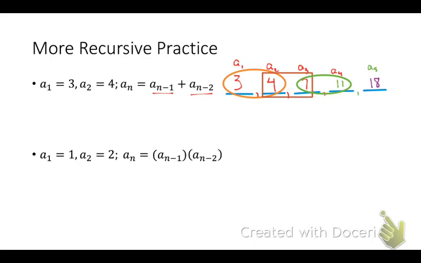Anytime it says a sub n minus 1 or a sub n minus 2, that means I've got to look at the term right before it and the term 2 before it. And I need to either add, subtract, multiply, divide, whatever. Normally we won't divide. It'll be mainly add, subtract, or multiply. So, same way then on the second one.